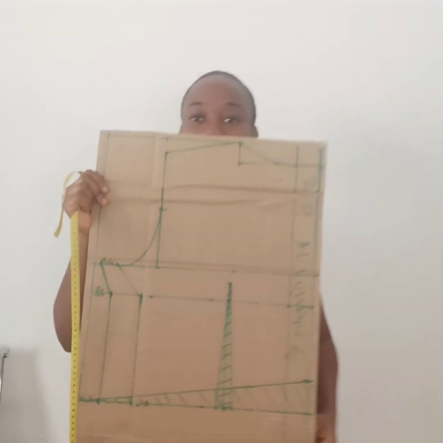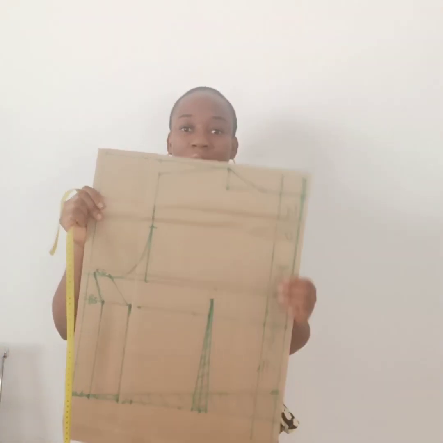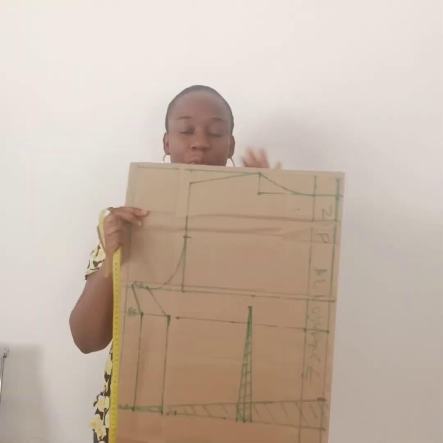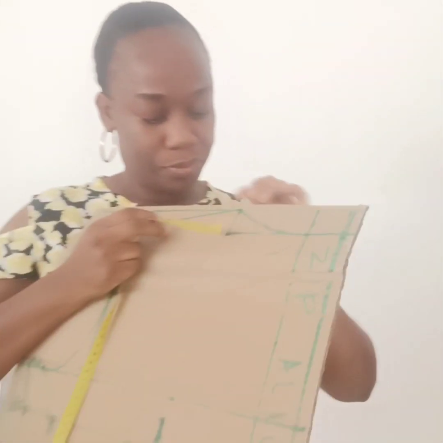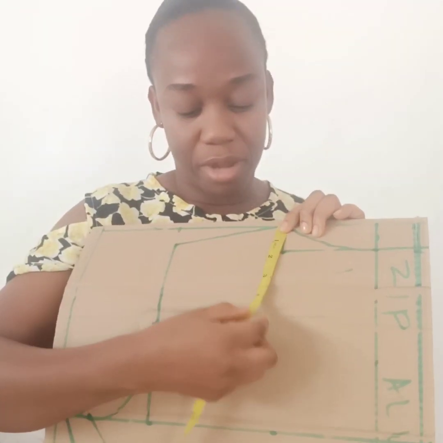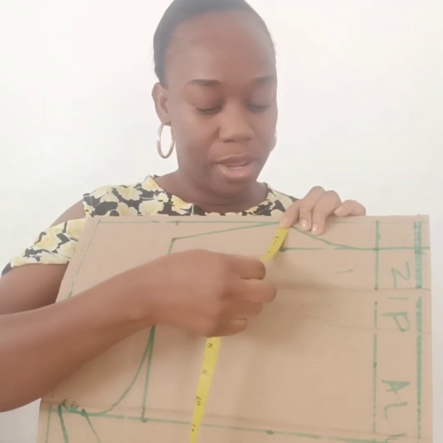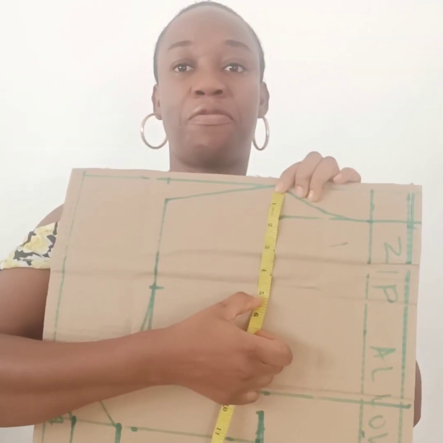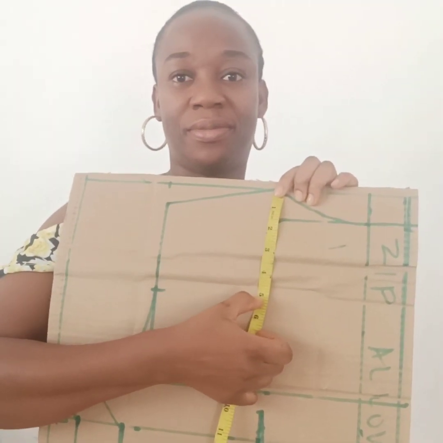This is the back bodice pattern. The same amount you use for the front, you also use for the back. You use 5 inches for the front, 5 inches for the back, and then you just mark it. So, we'll be going to the board now to see how to draft an off-shoulder basic bodice pattern.